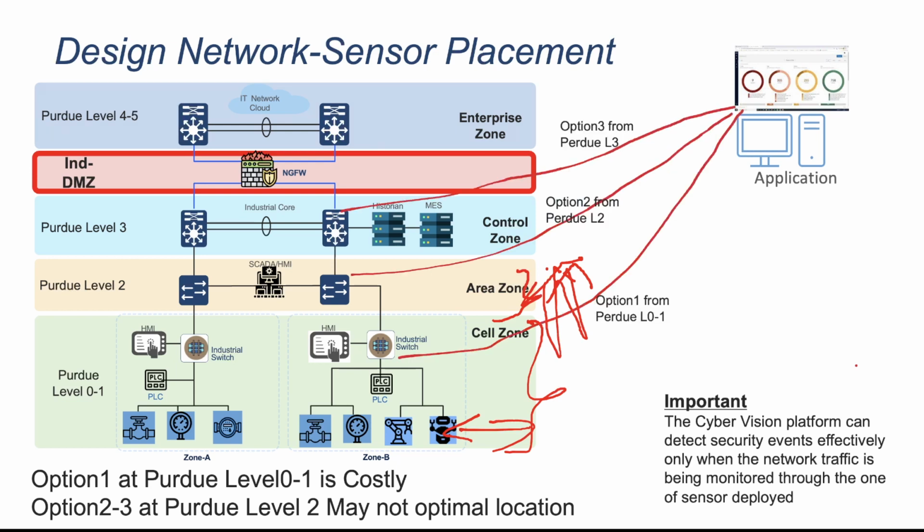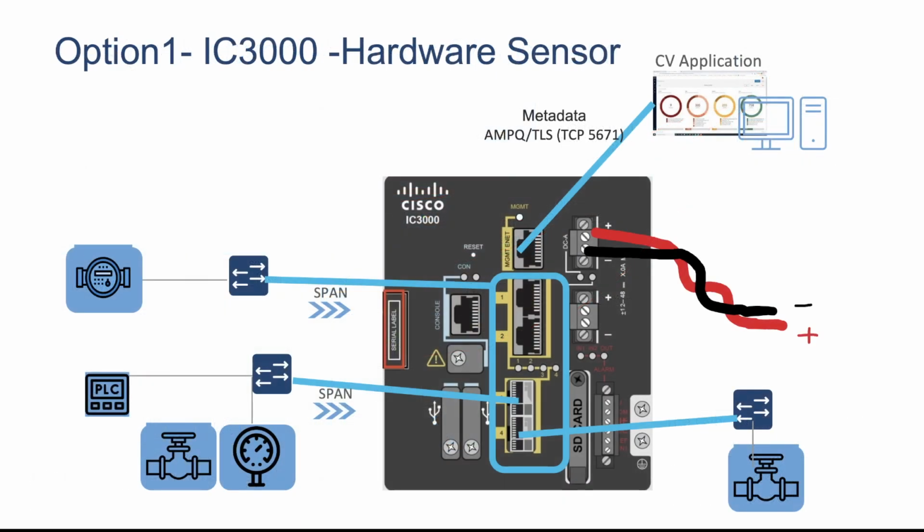So we can capture the traffic from each zone using various sensors. It could be from your Purdue aggregation level, Purdue level 2 and Purdue level 3. As we have already learned, there are three types of sensors supported by Cisco CyberVision. Option number one is the IC3000.